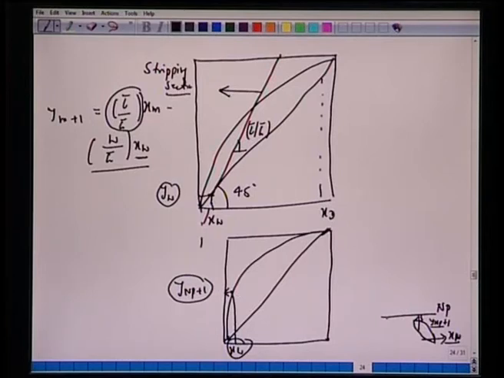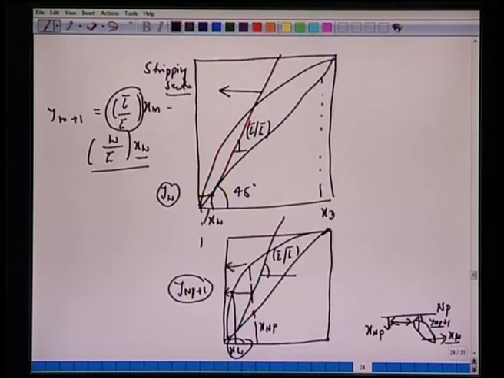Now y NP plus 1, and here we have liquid x NP. They are connected by the operating line. So first, if you have xw, and then we have drawn this operating line by the slope of L bar by G bar, this will give us x NP. All right. Again, extend this.